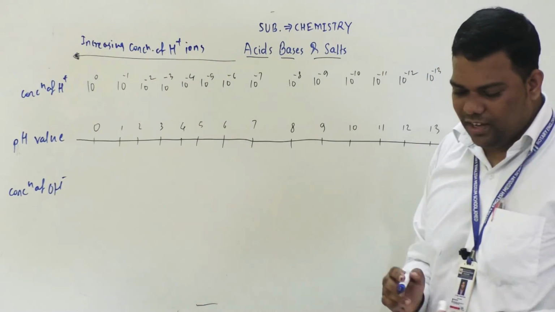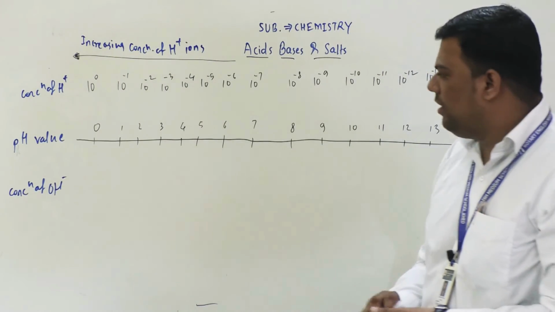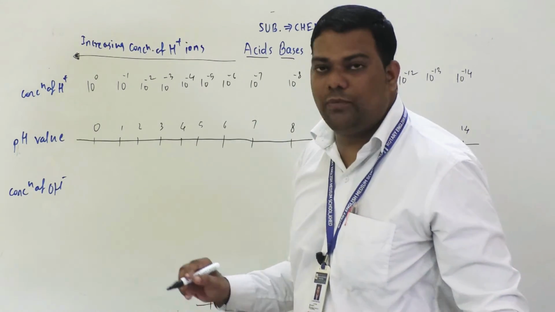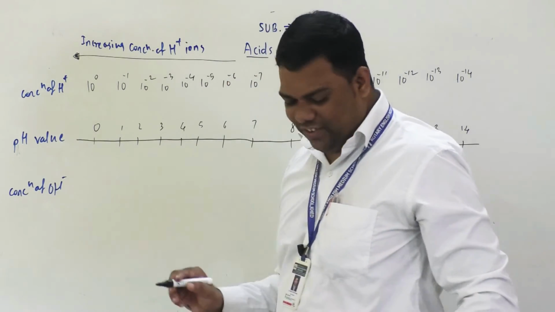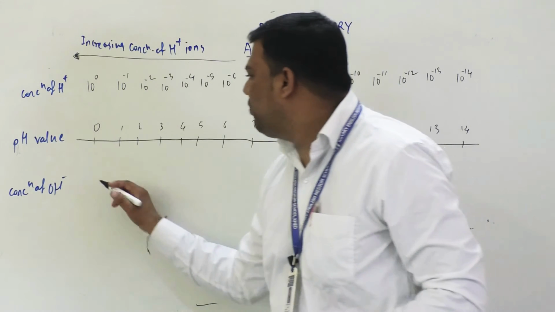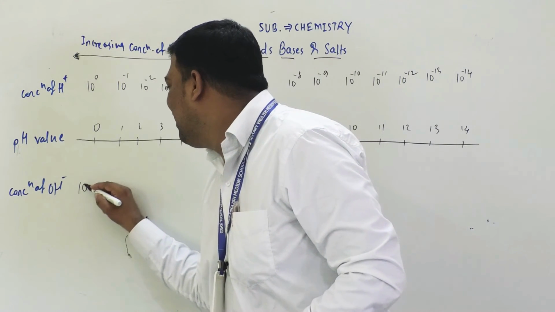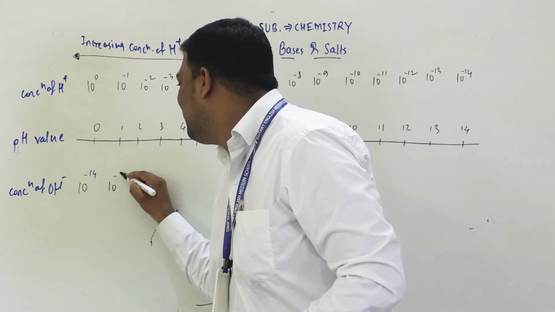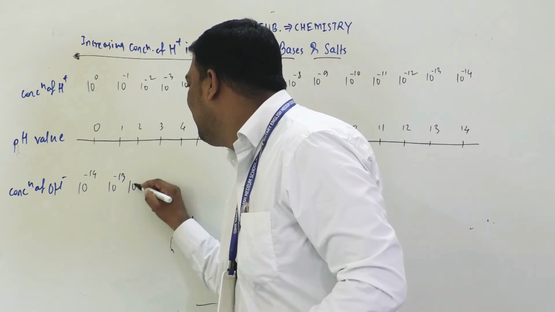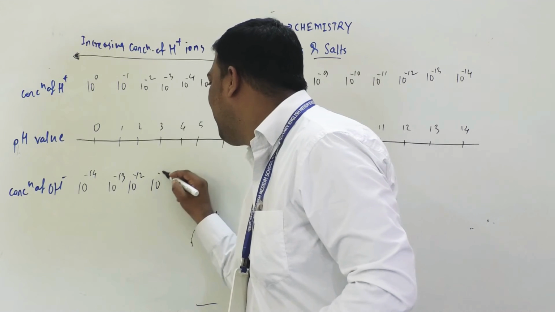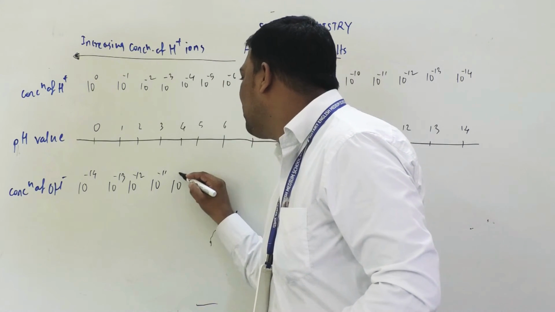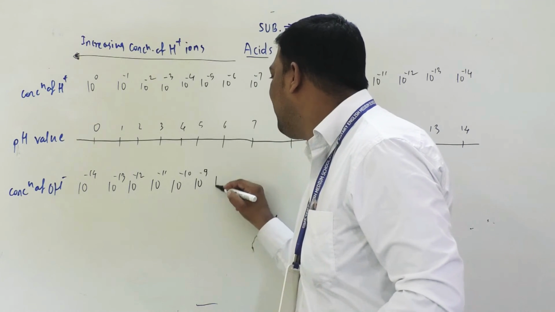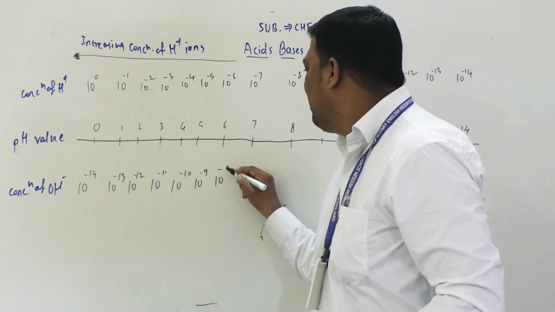Understood? Now if you are writing regarding the concentration of OH minus, it starts from 10 to the power minus 14, then minus 13, minus 12, minus 11, minus 10, minus 9, minus 8.